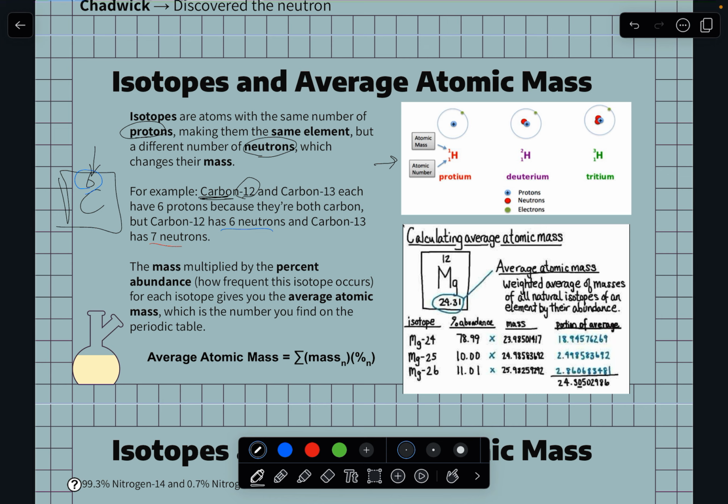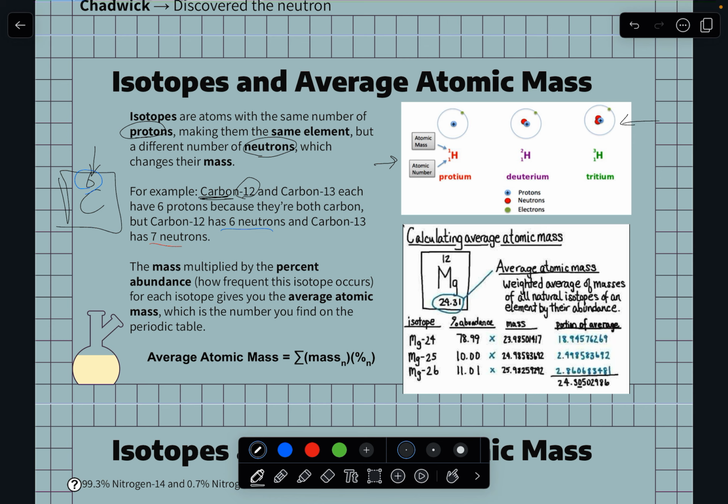If you look at these hydrogens, they all have an atomic number, the number on the bottom left, of 1, but the top left, the mass, changes, which shows that it has a different number of neutrons. You can also see that in the image on the top, if that helps you better. The red circles are the neutrons. You can see that the number of protons, the blue circles, stays the same, but the red circles, the neutrons, change. That is an isotope.